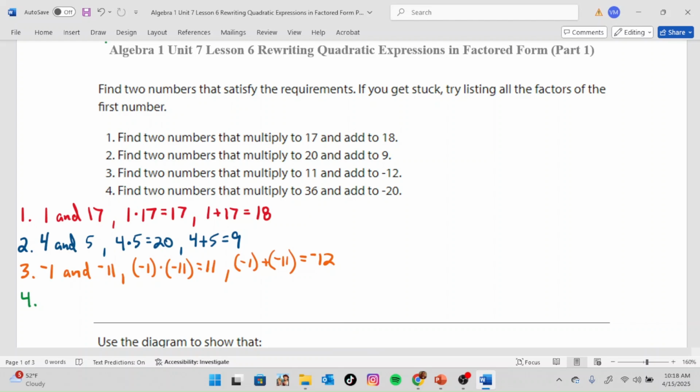So I want a negative 2 and a negative 18. Now, multiply these two negatives together. Negative times a negative is a positive, and 2 times 18 is 36.